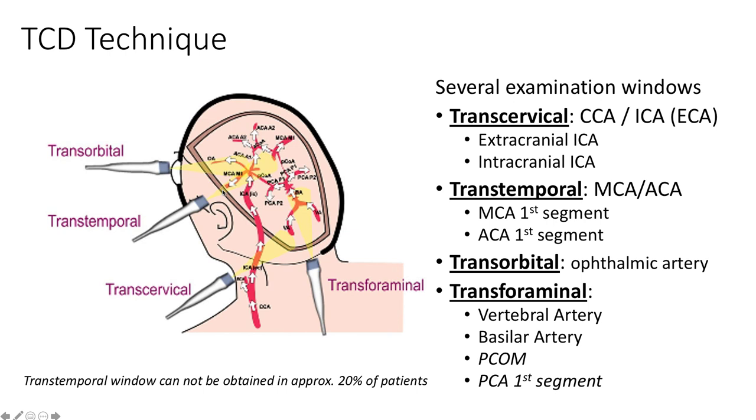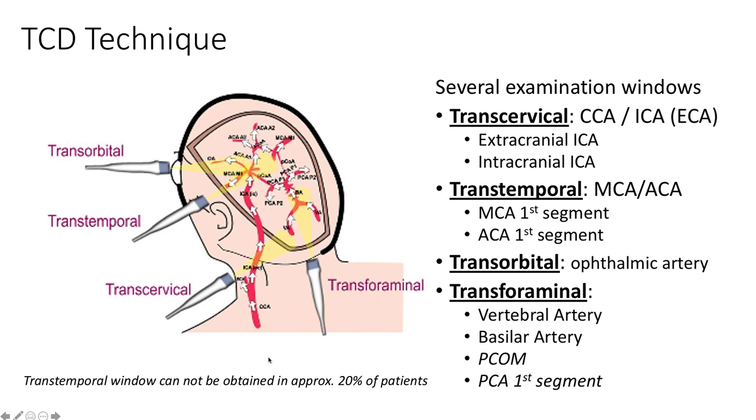Transtemporal: here you are looking at the MCA and ACA, the first segment of the MCA and the first segment of the ACA. You also can go transorbital, looking at the ophthalmic artery, and also from posterior, transforaminal, where you can assess the vertebral artery, basilar artery, and with luck, PCOM or PCA.